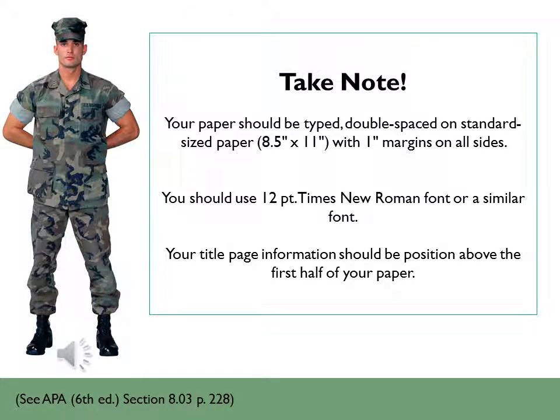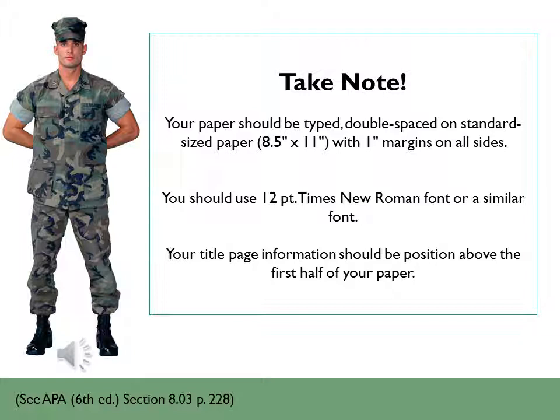So there are a few other tips that you need to keep in mind when formatting your paper. There should be a 1-inch margin around the border of your paper, size 8.5 by 11. The entire document should be double spaced, size 12 font, and the type font should be Times New Roman. And this is important because whoever is reading your paper needs to be able to read clear font.